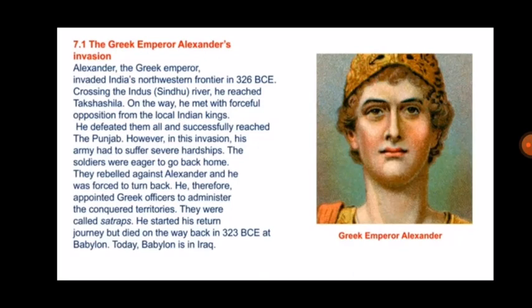So Alexander was the Greek emperor who had invaded India, means who had come to India's northwestern frontier in 326 BCE, crossing the Indus, that is the Sindhu river. He reached Takshashila.